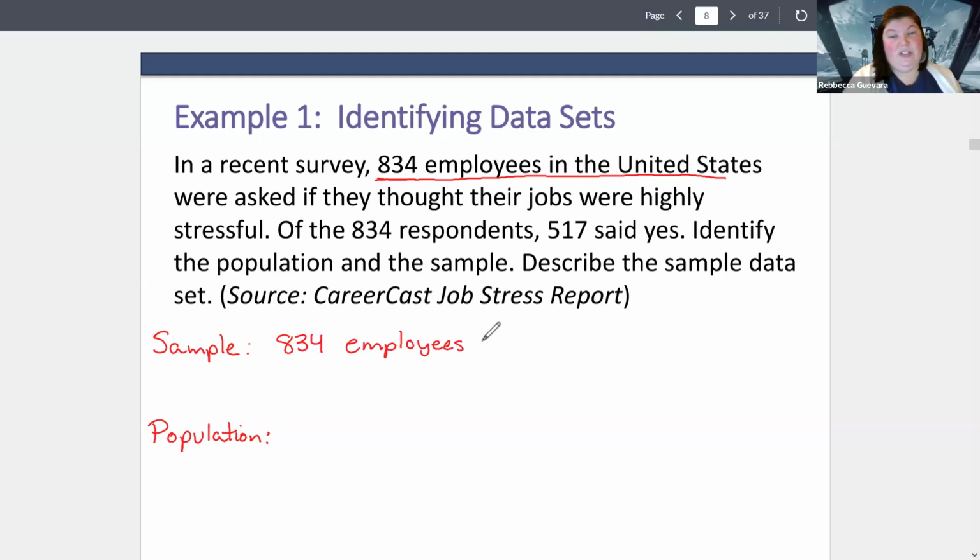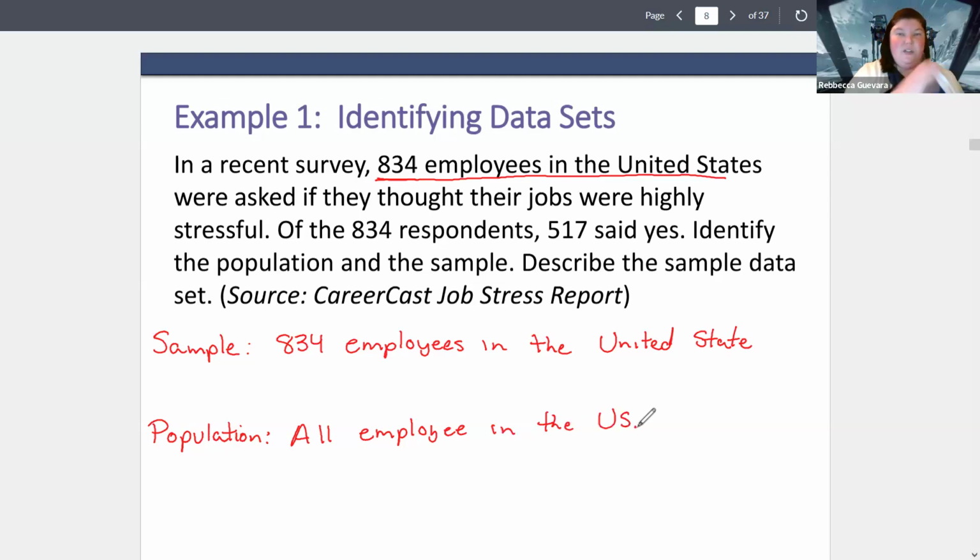And it's not just any employees in the United States. Usually you just need to make sure that you're as descriptive about the population you're looking at as possible for your sample. So where does the sample come from? Well, the sample comes from all employees in the United States.